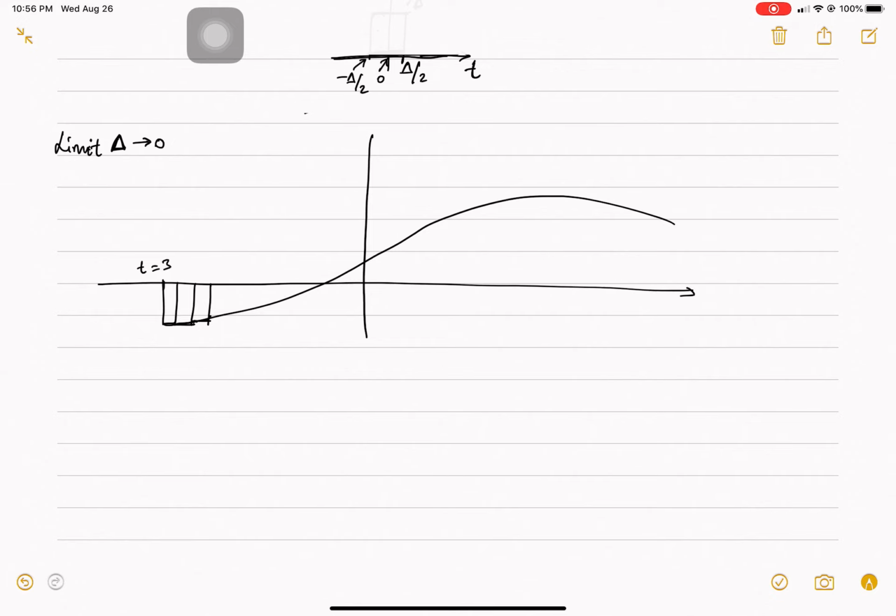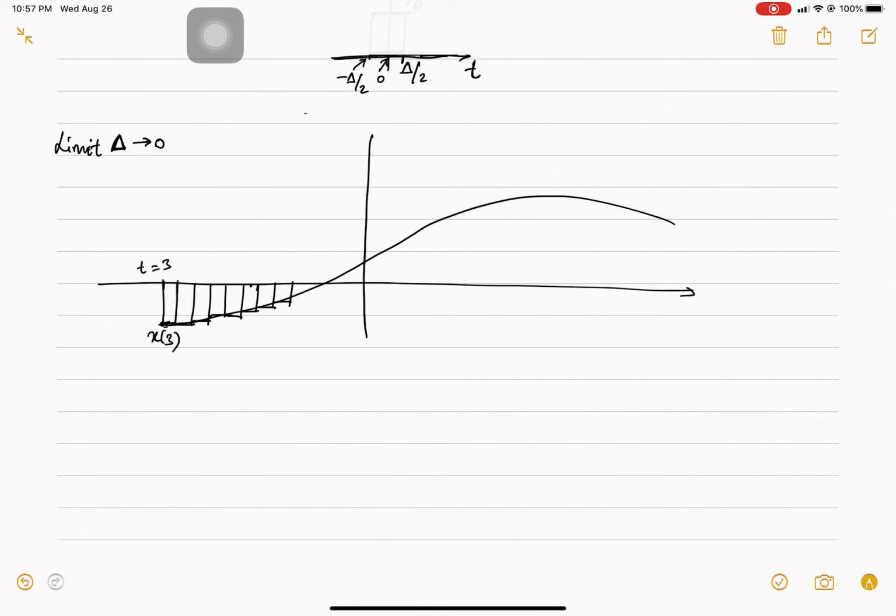I'll divide it up into pulses of width delta. Now this point is x of 3.